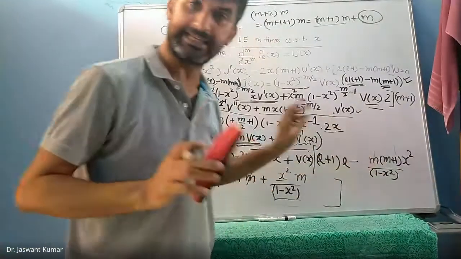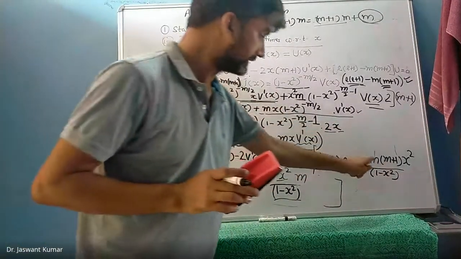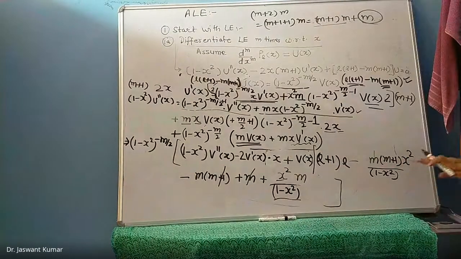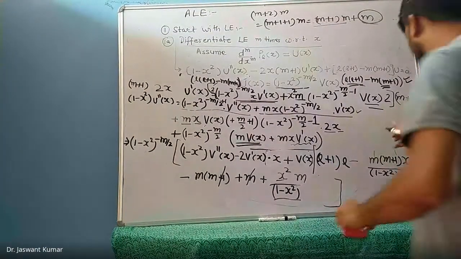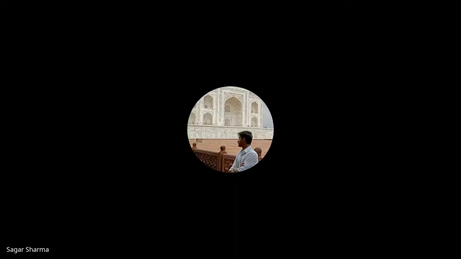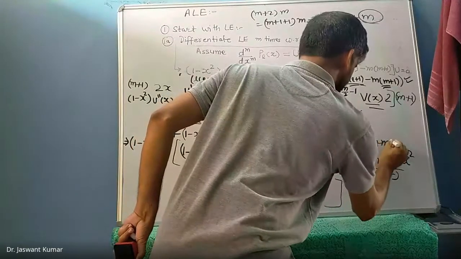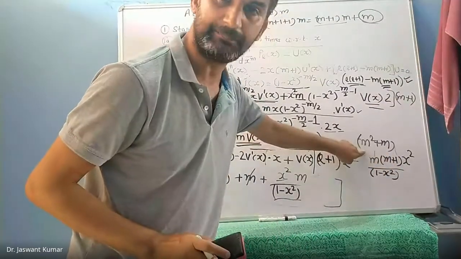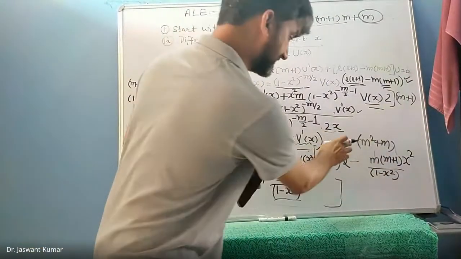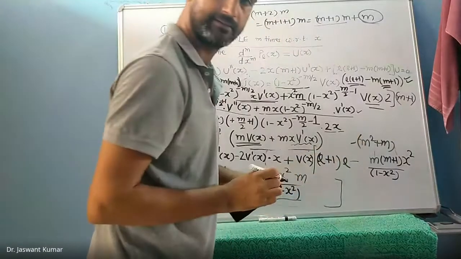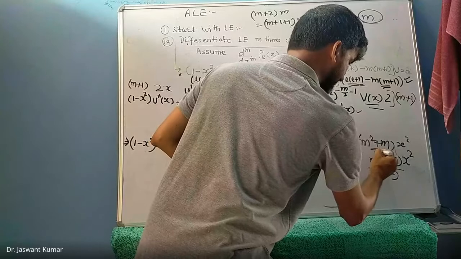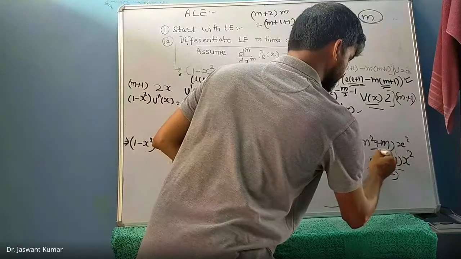ठीक है. See, इतना तो ठीक है ना, यहां तक ठीक है सबके लिए. इसके बाद this term can be written, m into m plus 1 can be written as m square plus m. This is with a minus sign, है ना? This is multiplied with x square upstairs and 1 minus x square downstairs.